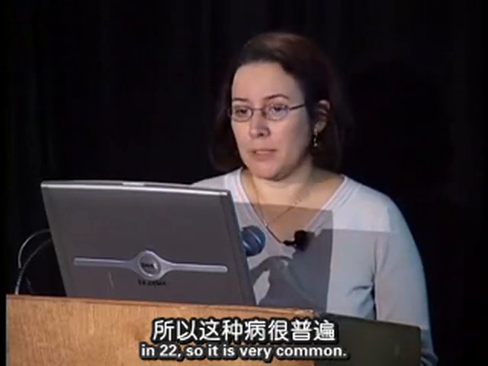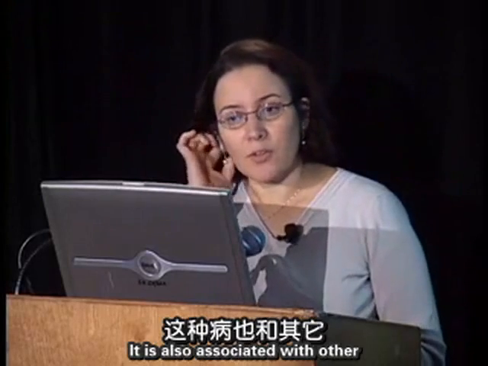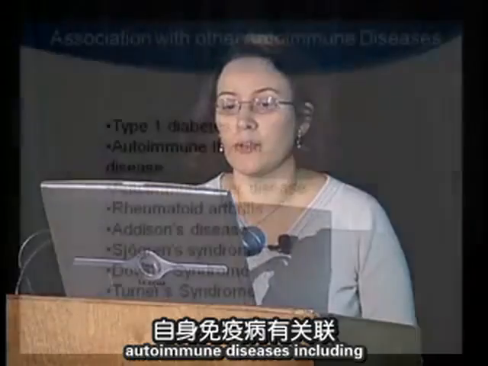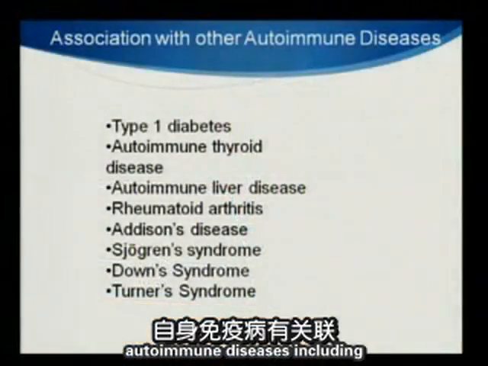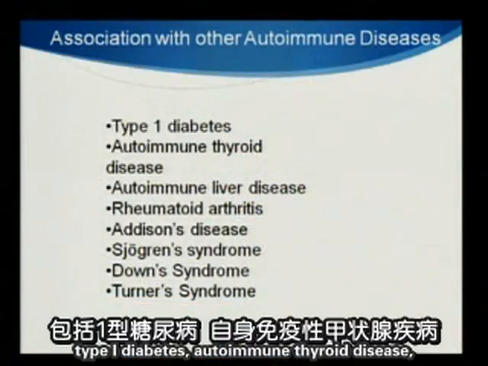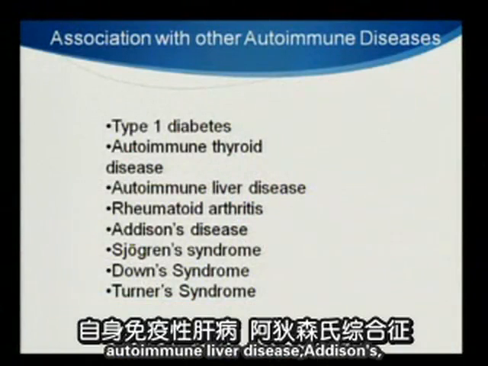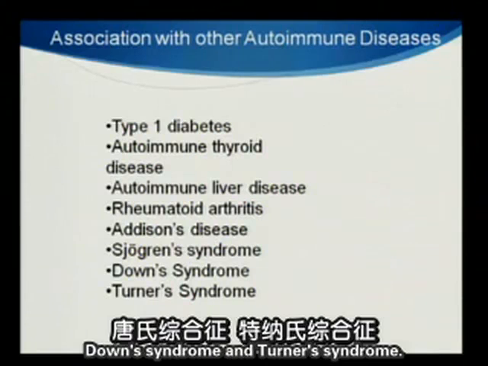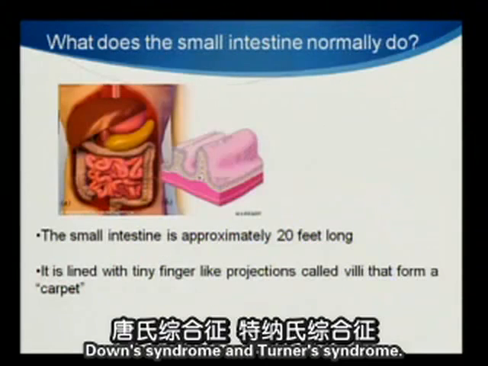So it's very common. It's also associated with other autoimmune diseases, including type 1 diabetes, autoimmune thyroid disease, autoimmune liver disease, Addison's, Sjogren's syndrome, Down syndrome, and Turner syndrome.